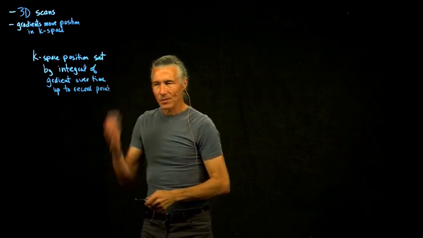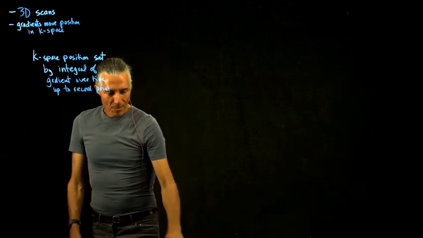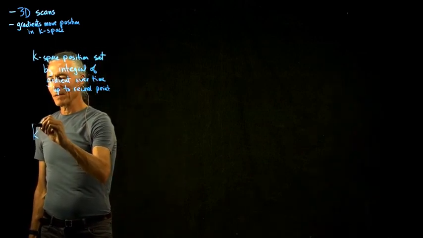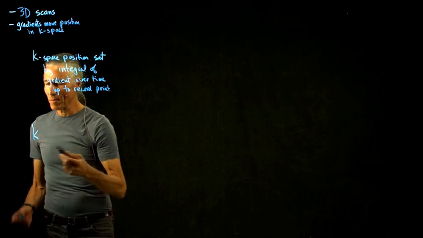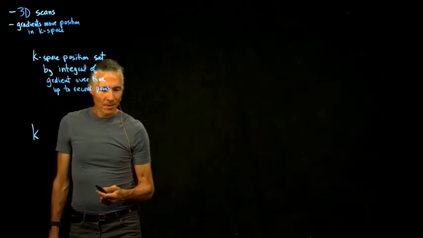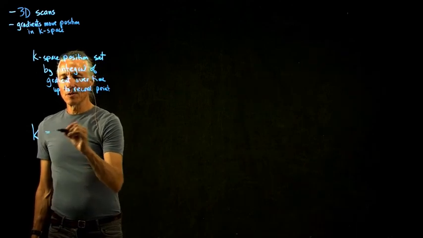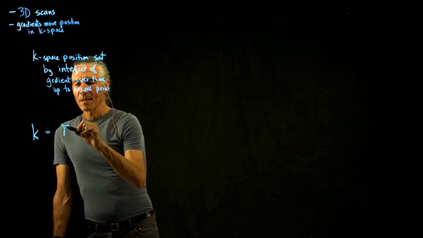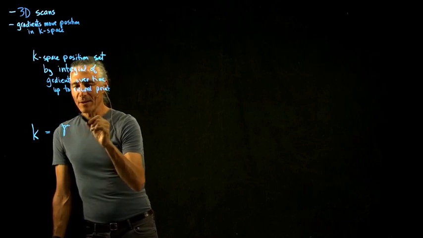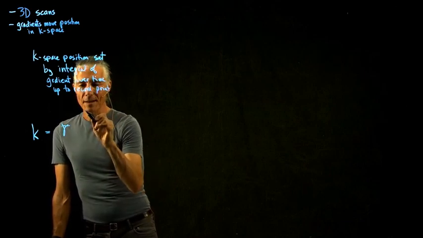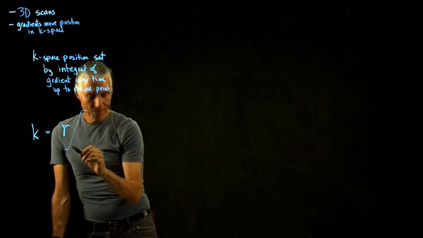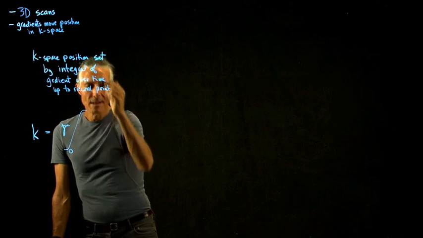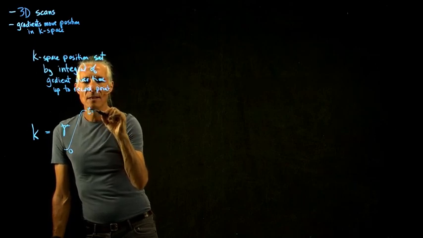So just to say that with an equation, the k-space position, which means spatial frequency, or literally how many stripes, is equal to the gyromagnetic ratio, but that's just a constant, so we don't have to worry about that, times the sum from time equals 0 up to the current time.